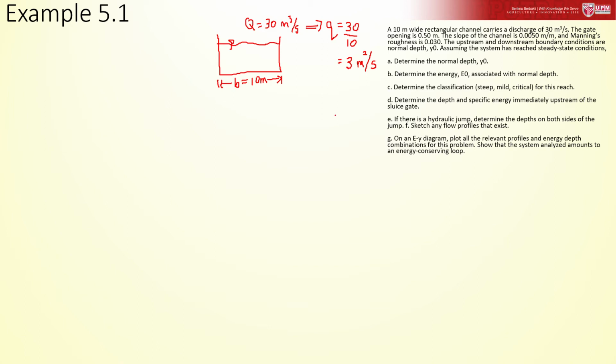Since in this case n is given as 0.03, and the slope of the channel is equal to 0.005, let's find the answer for the first question.